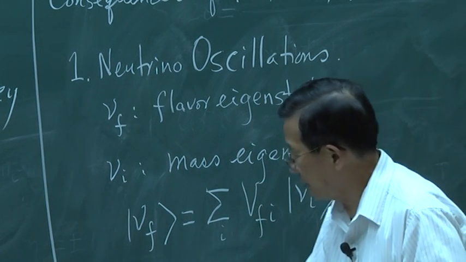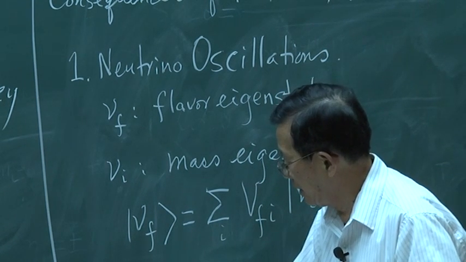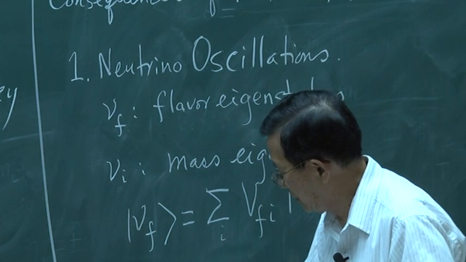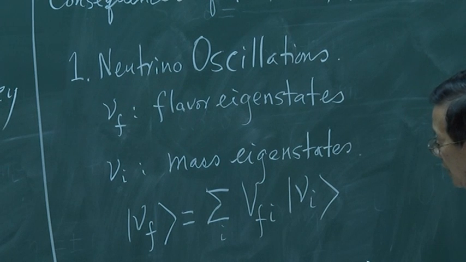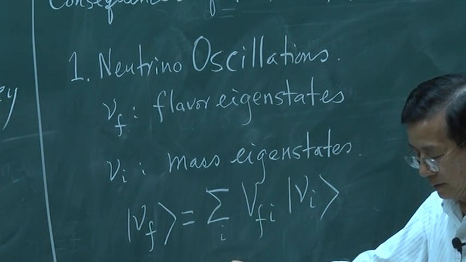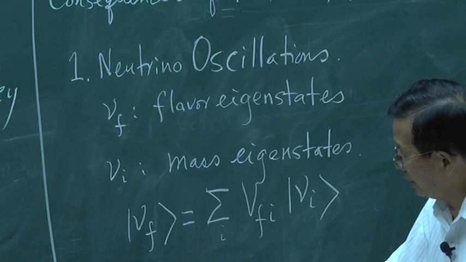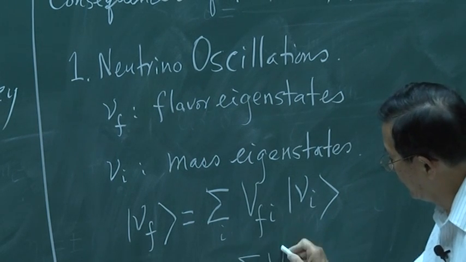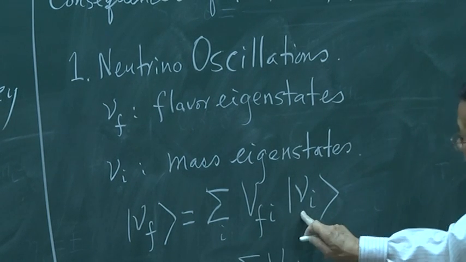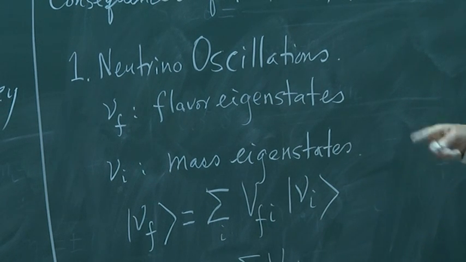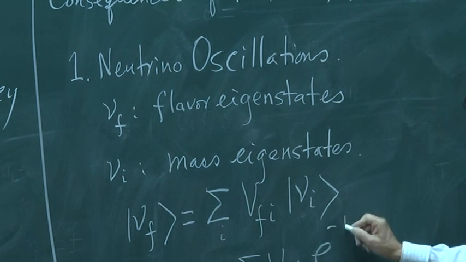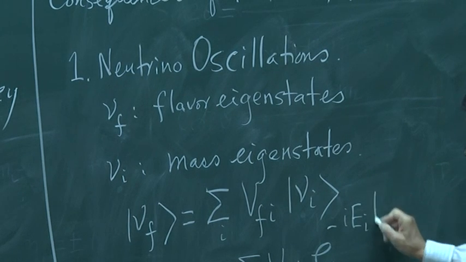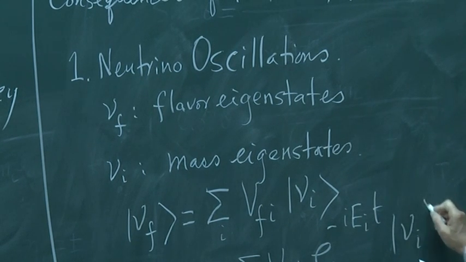Now, as time goes on, you want to know what the time evolution of this flavor eigenstate is. Then I write the sum over i of V f i, and these are mass eigenstates, so they will evolve according to the Schrödinger equation, and that is very simple because they are mass eigenstates. So e to the minus i E i times t, nu i.